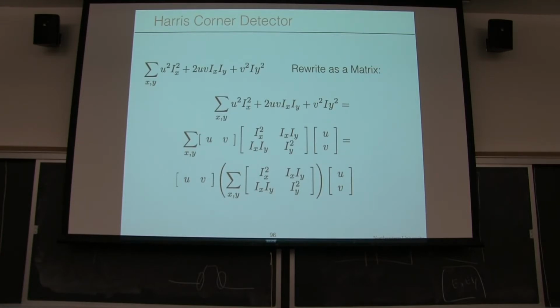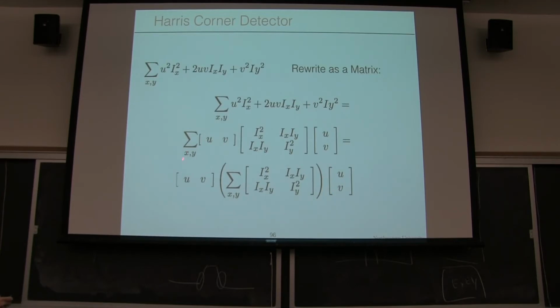But I can always write it as a matrix equation, a quadratic form, where I have the vector u and v as a row on the left, the vector u and v as a column on the right, and in the middle I have my corner matrix. I changed notation, sorry. Before I called it E, now I call it I, but it's the same thing.